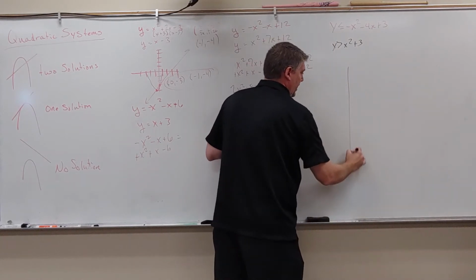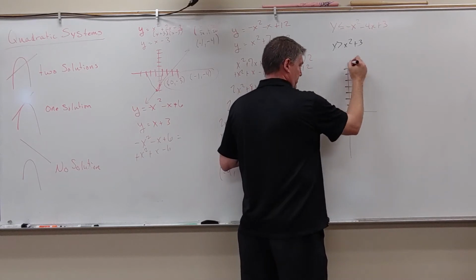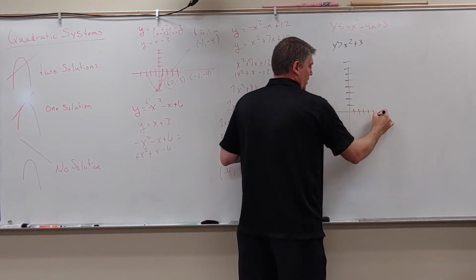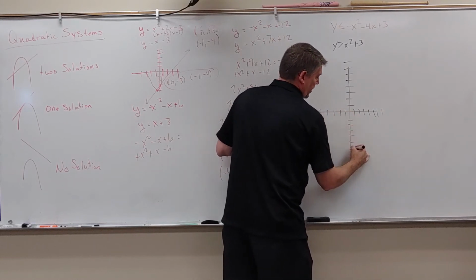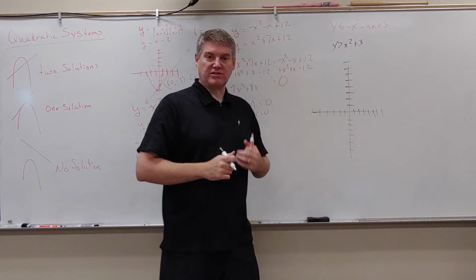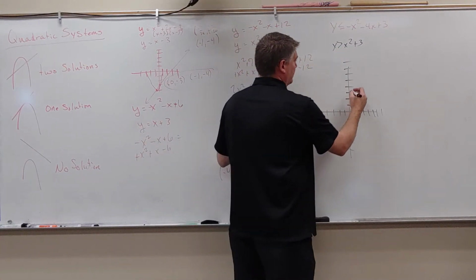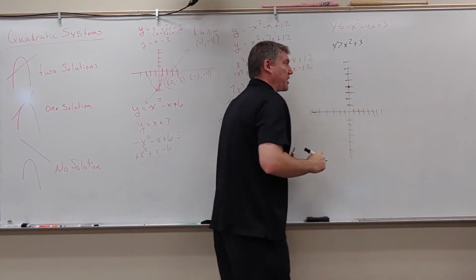So I'm going to draw up my coordinate plane. 1, 2, 3, 4, 5, 6, 7, 8. Okay, I'm going to graph my black one first. I have x squared plus 3. I know my vertex is at 0 because I don't have a b, so my vertex is at (0, 3).